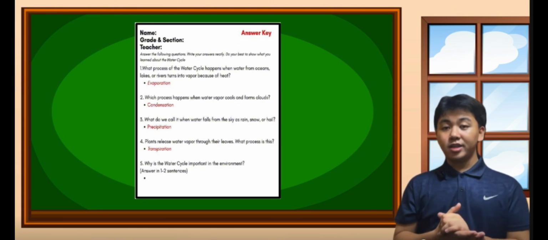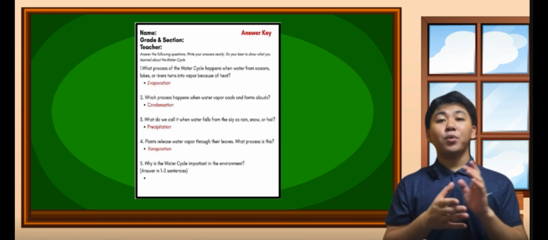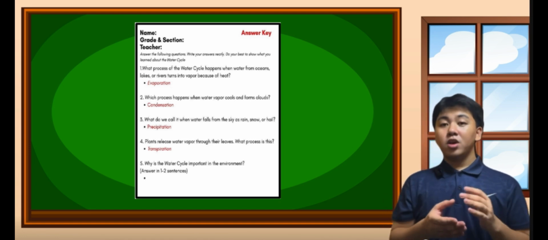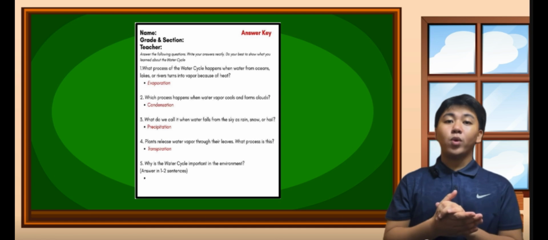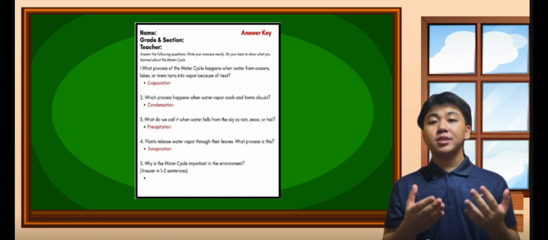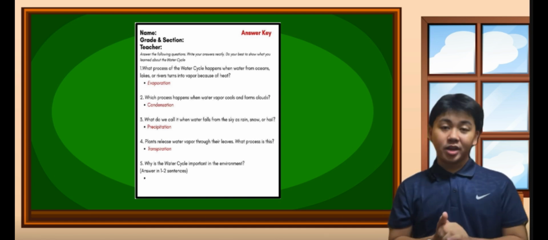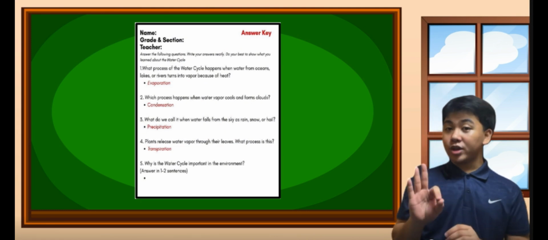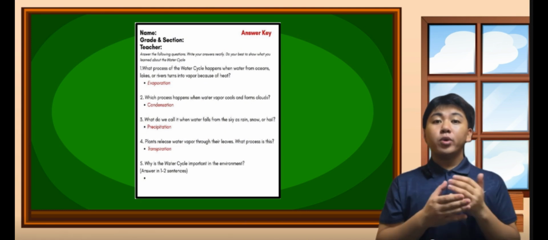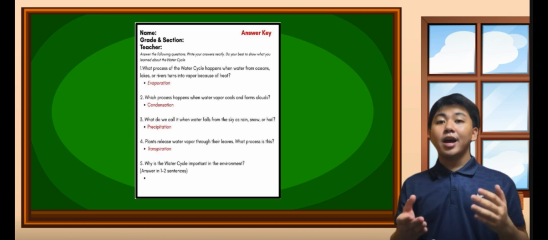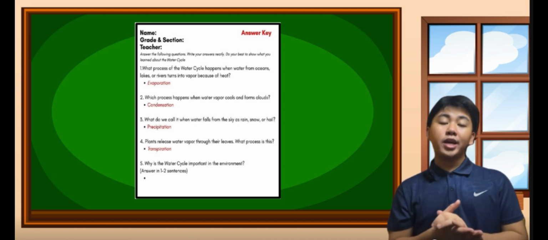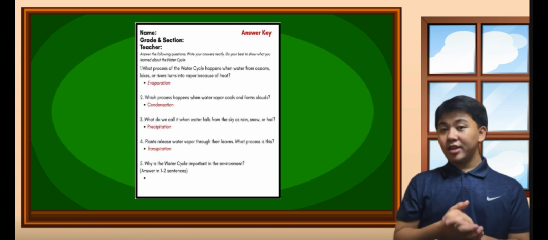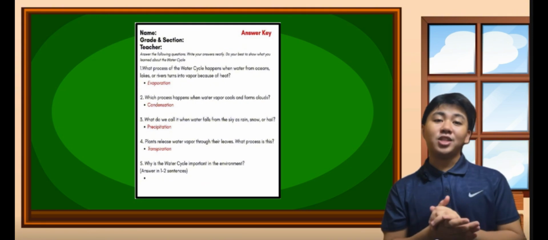The correct answer is evaporation. Number 2. Which process happens when water vapor cools and forms clouds? The correct answer is condensation. Number 3. What do we call it when water falls from the sky as rain, snow, or hail? The correct answer is precipitation.